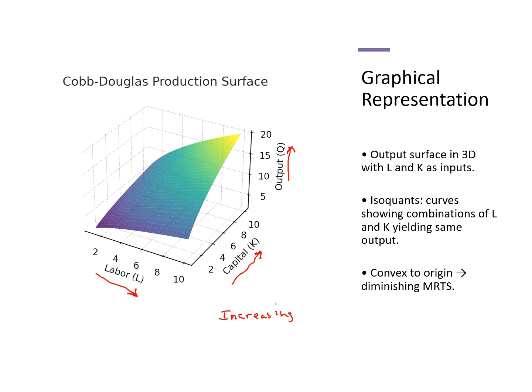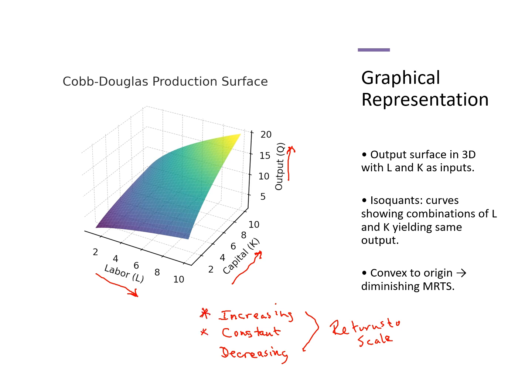So that's our increasing, constant, or decreasing returns to scale. Obviously, if you could be more efficient, increasing returns to scale would be fantastic.